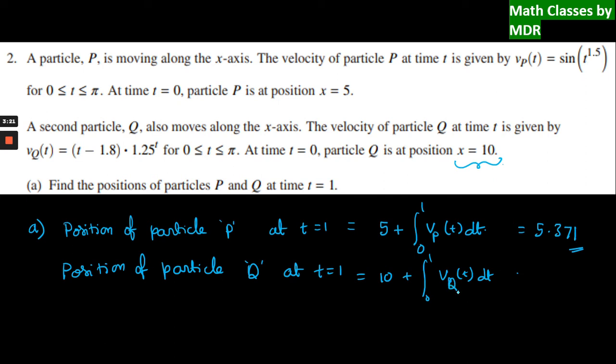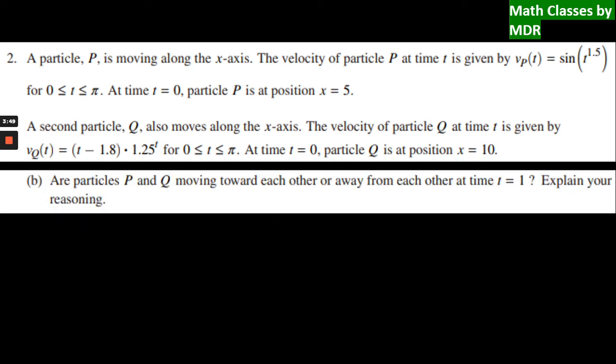Right? vQ is given as (t − 1.8)(1.25^t). By using a graphing calculator, we can get this value, and on adding this to 10, we will have 8.564. This is the position of the particle Q at time t = 1. Now let's go to the second question.